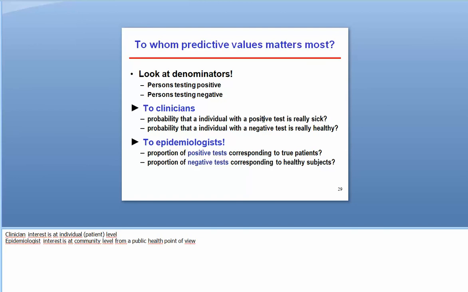Just the fact that the test is positive will mean a very high chance that the person is sick if the PPV value is high. So for clinicians it matters at an individual level, and at the same time for epidemiologists who are interested in the community at large, certainly it matters as well. If the PPV is very high, is it really corresponding to the true proportion of patients?